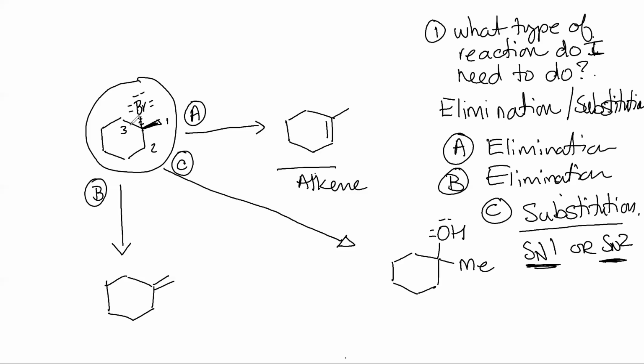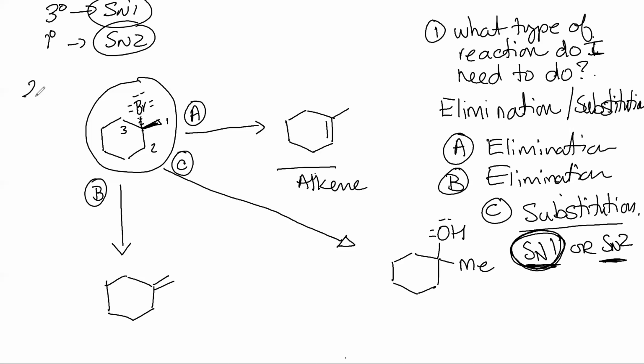If it's tertiary, it can only be SN1. If it was a primary, it can only be SN2. So tertiary could only be SN1, primary could only be SN2.